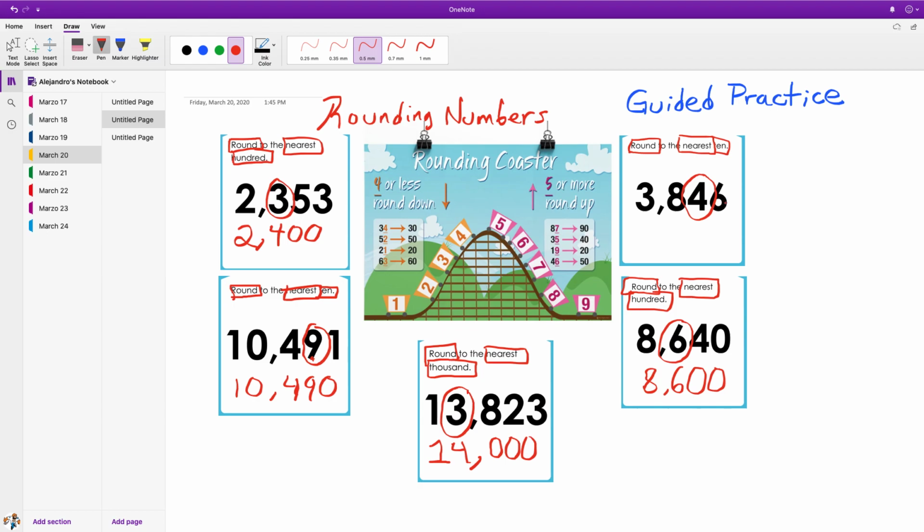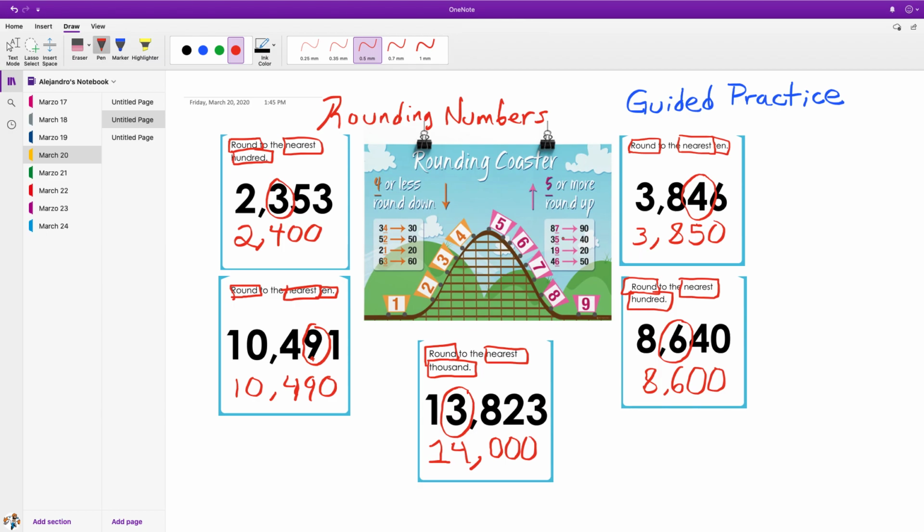What happens to the digit 6? Guys, it goes up. So the 3, the same, comma, 8. But now the 4 is going up, just 1. So that means that I need to put a 5 here and a 0 at the end. So the new number is 3,850.